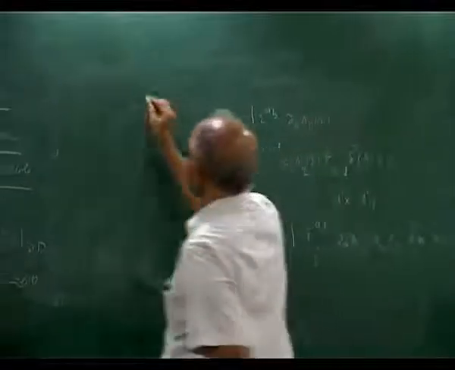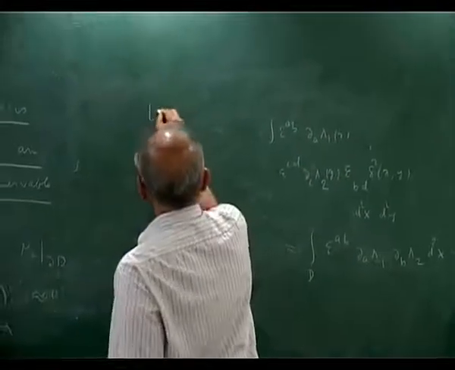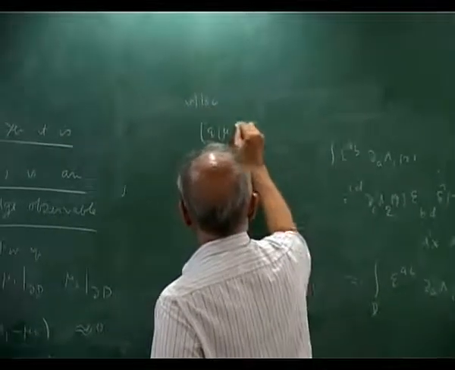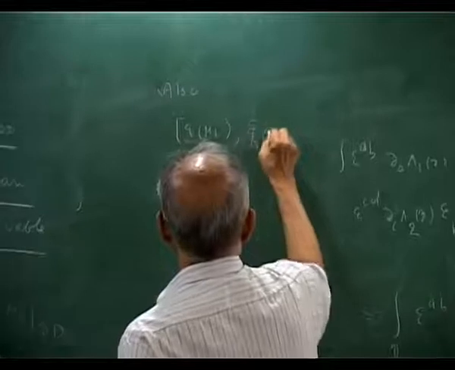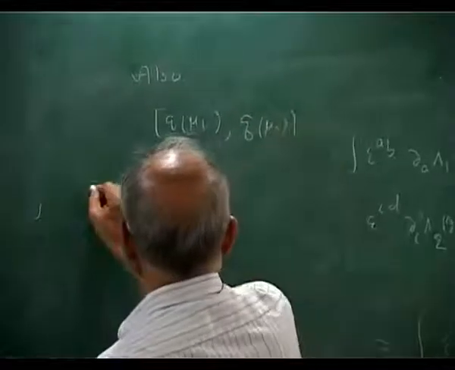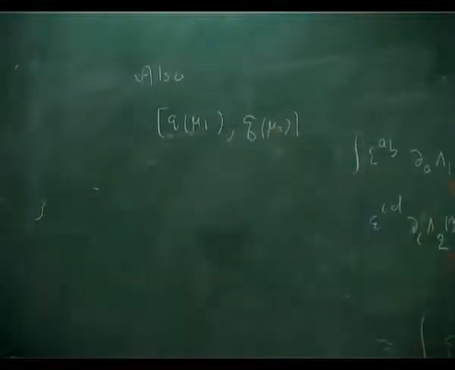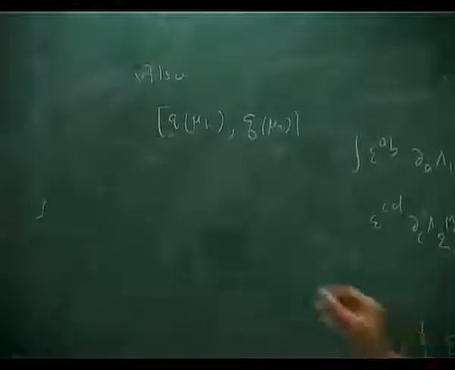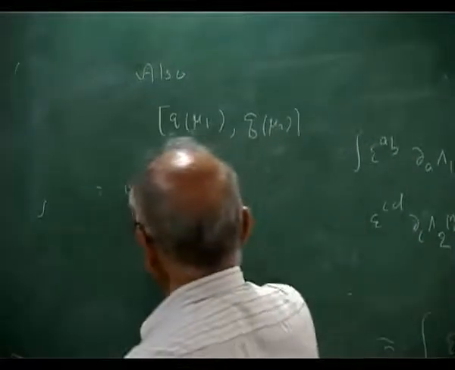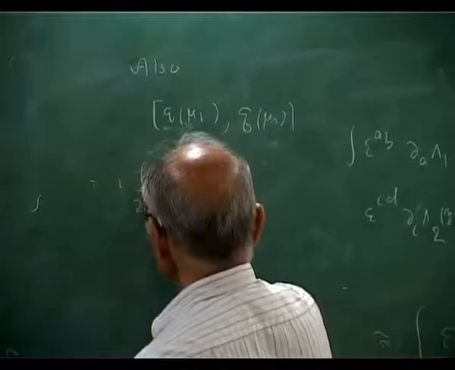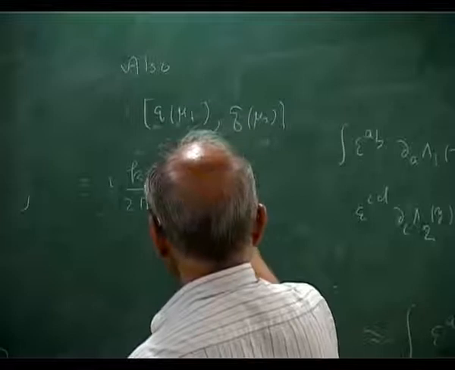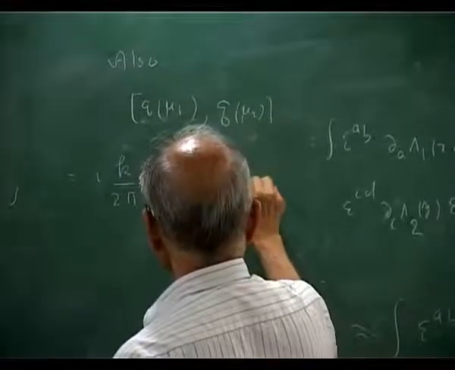Now let me look at Q of mu1 with Q of mu2. We have this master formula again. It is going to be I k over 2 pi on disk, times d mu1 h d mu2.